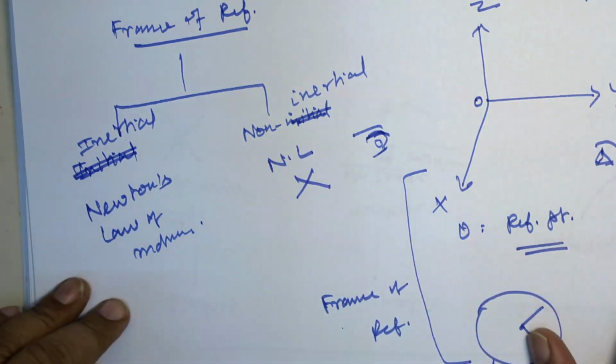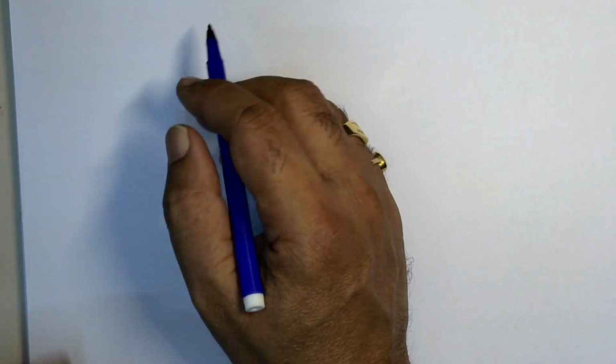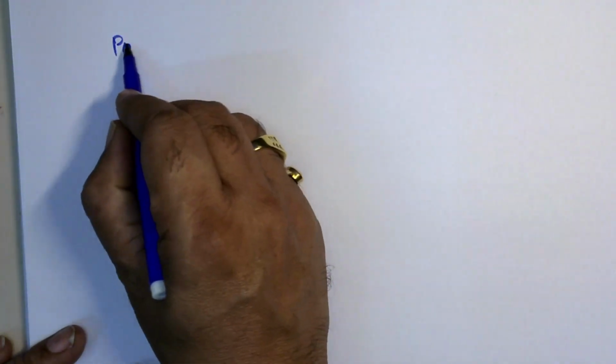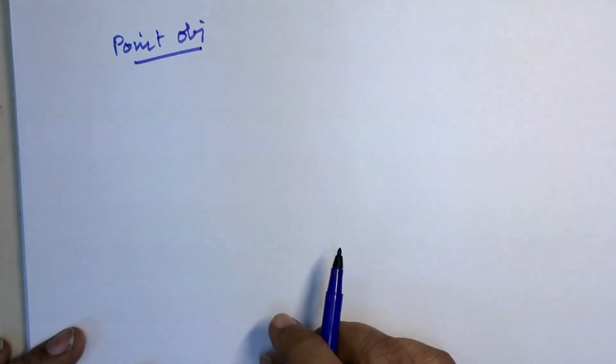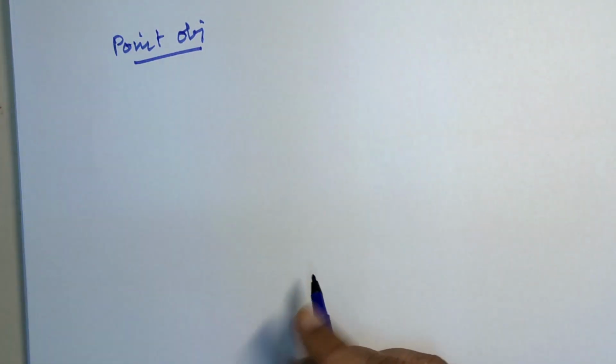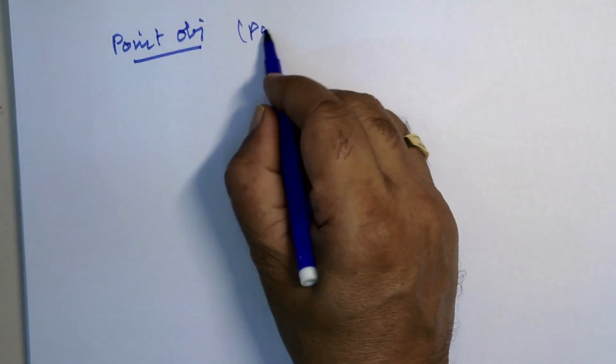Okay. Now let us consider the point object, also known as point mass. Take down: point mass.